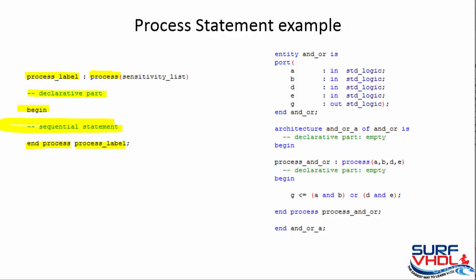Here is a simple example of the AND-OR entity implemented with a process. The entity declaration is the same as in the previous example. In fact, the interfaces versus the external world are identical.